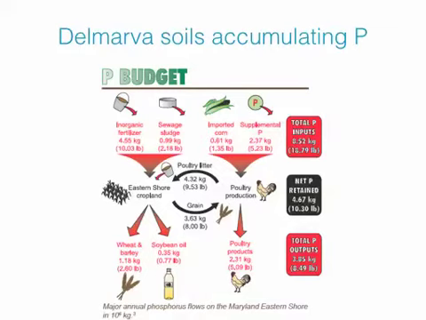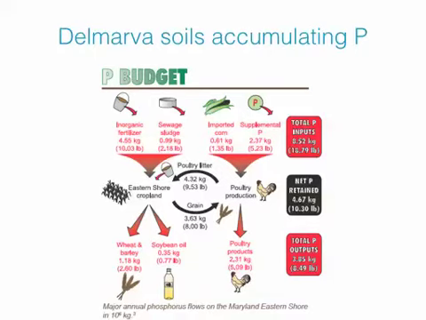Well, if you just do this as a total balance, you see the total inputs, 8 million kilograms per year of phosphorus, about 4 is retained, and 3 is exported. Well, it's retention that we have to worry about.